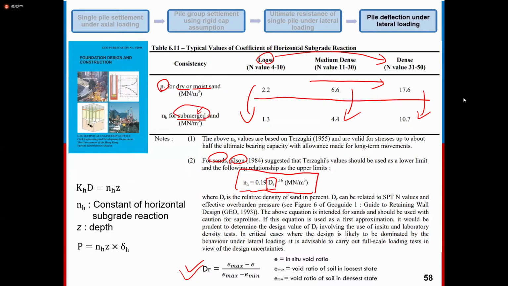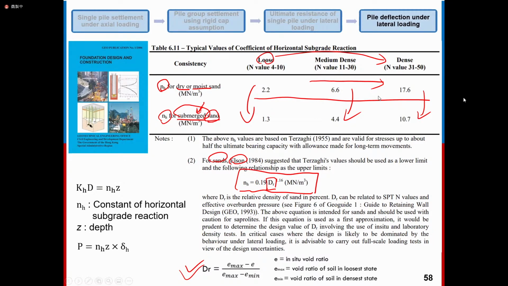For example, if the water content keeps increasing, the sand is more prone to liquefaction, and the bonding between the soil particles will be weakened. Many catastrophes are induced by the increase of water, like the heavy rain season, when we have more slope slides in Hong Kong. So with the increase of water, NH keeps decreasing.